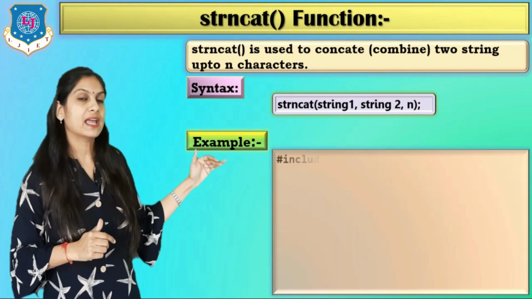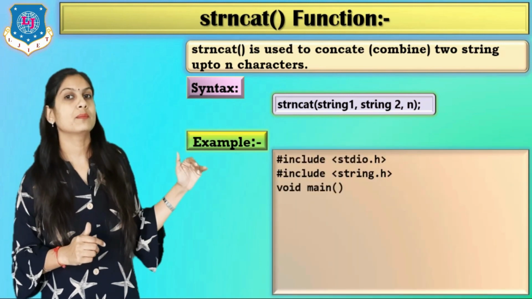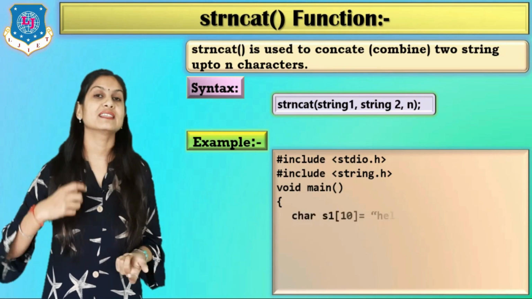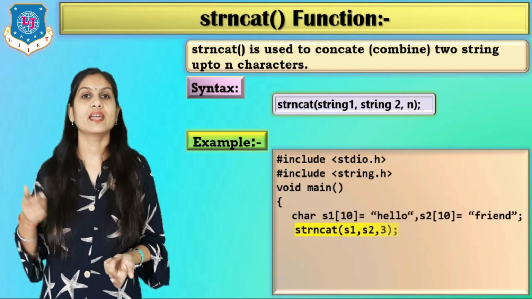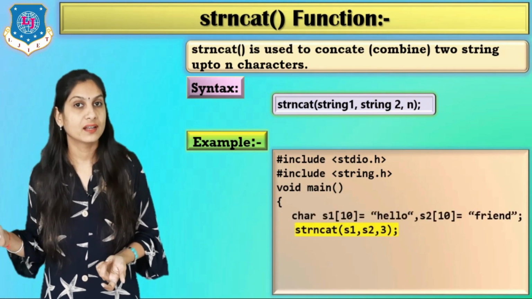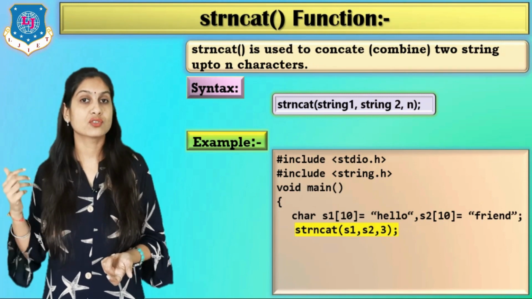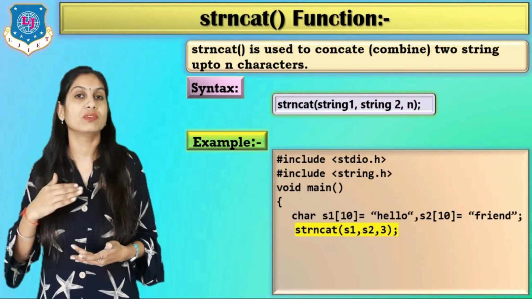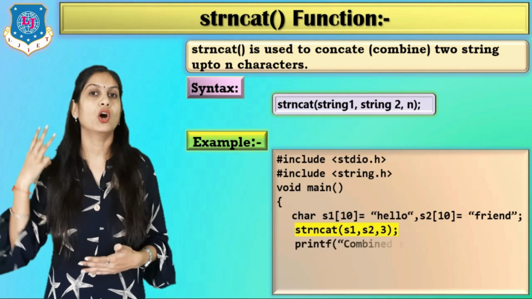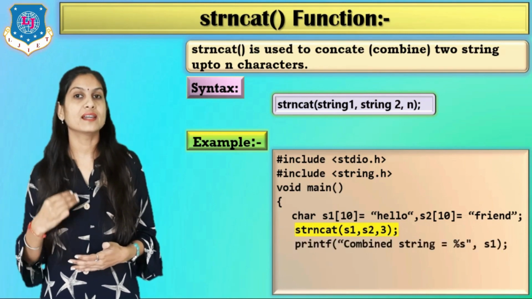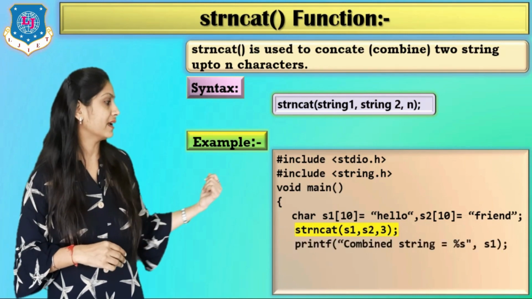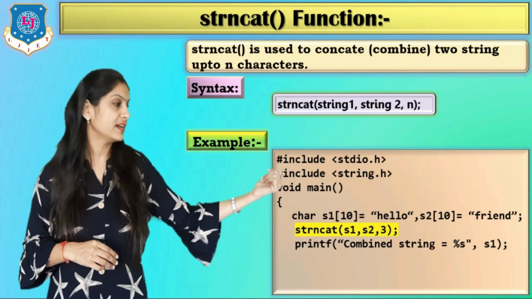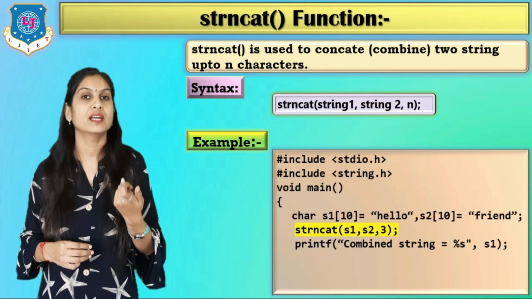Now see here in our example, same program is there, only we have to write strncat and then s1 comma s2 comma 3. n is 3. So how many characters of s2 will be combined with s1? Only 3 characters. So in that case we have to print like combined string equals percentage s, and the data will be in s1.